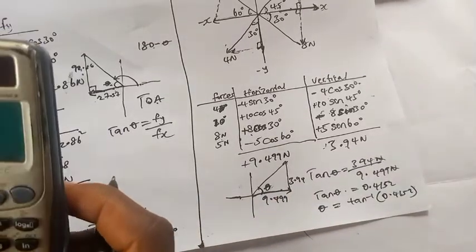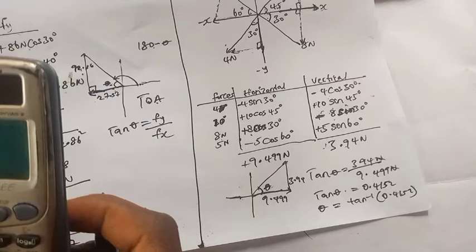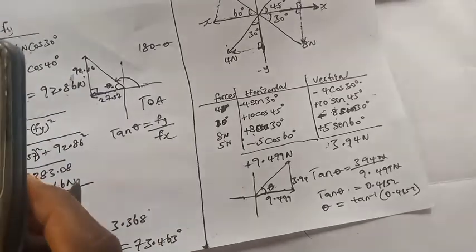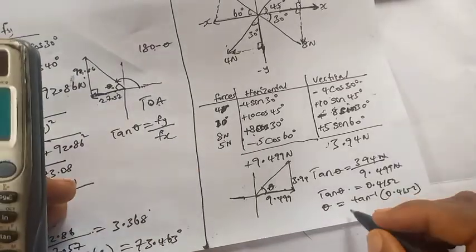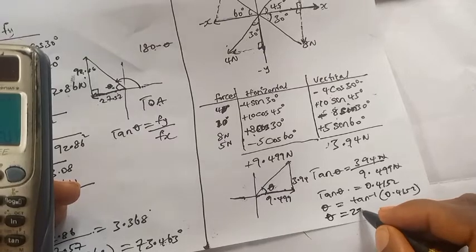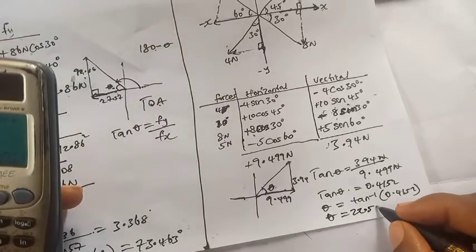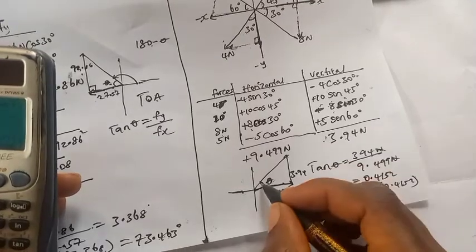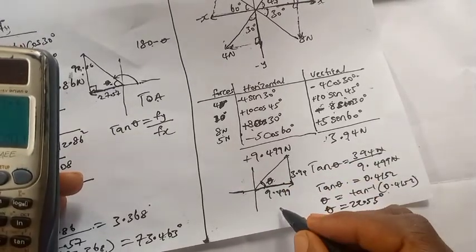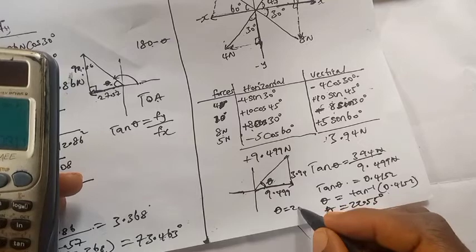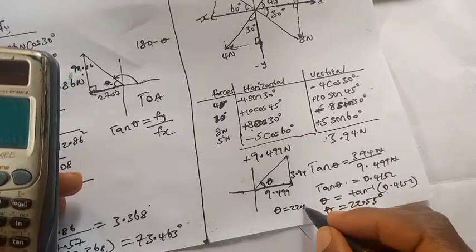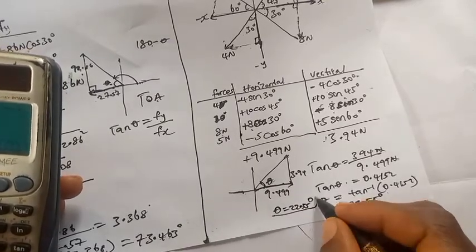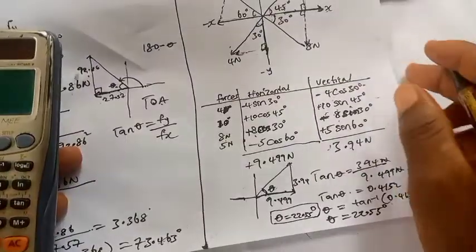And so we have that theta is equal to 22.55 degrees approximated. So our angle theta is equal to 22.55 degrees. And so let's find the resultant of the forces.